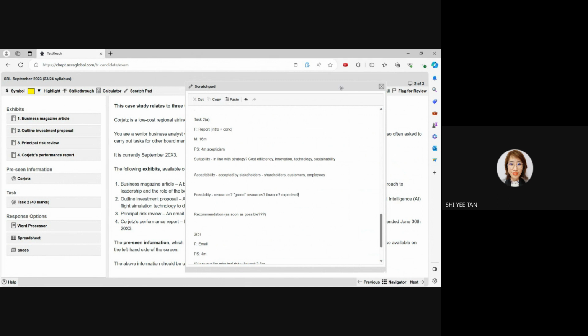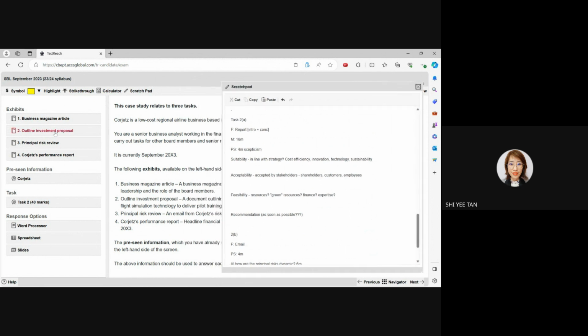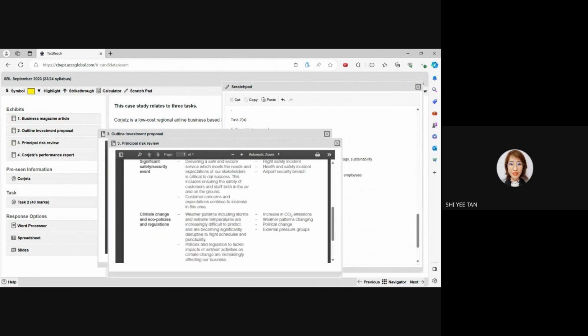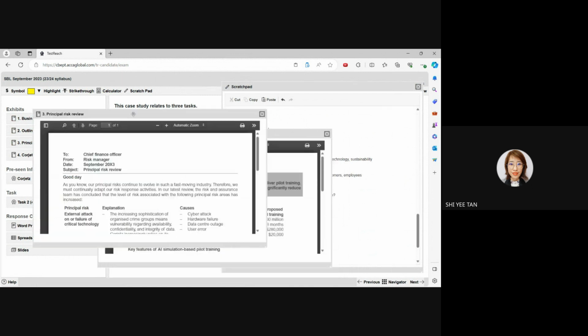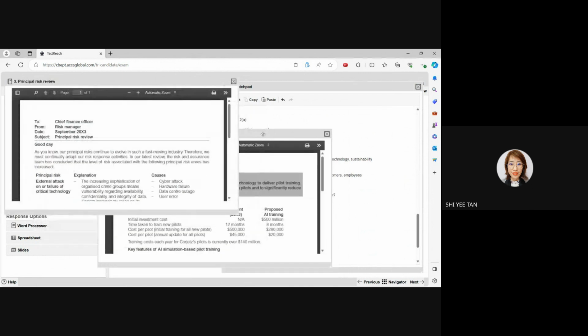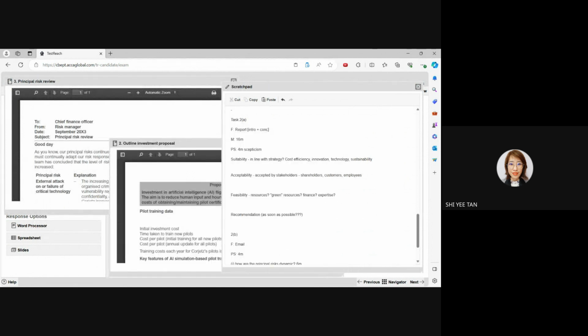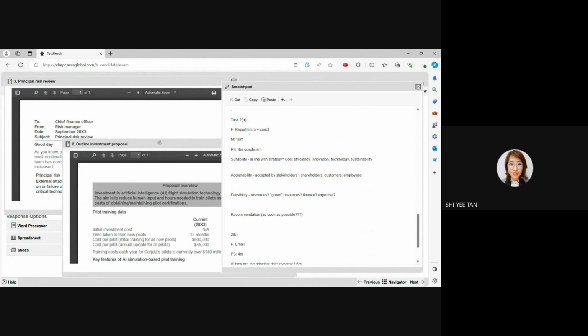Read exhibits 2 and 3. I think it's not that long. Let's take 10 minutes to read through and see whether you can write some points. 10 minutes, at 2:50 I will come back.